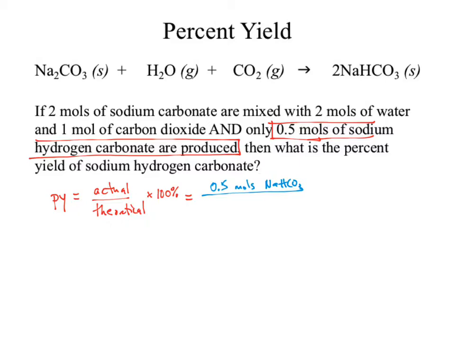How would we go through and convert sodium carbonate into product? In particular, what is the unit we want for the sodium hydrogen carbonate? Why moles? Perfect. The actual yield shows moles.